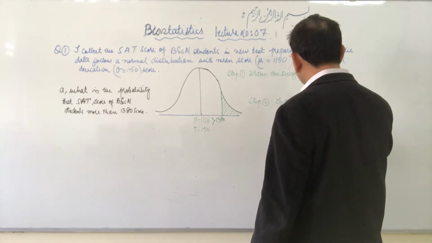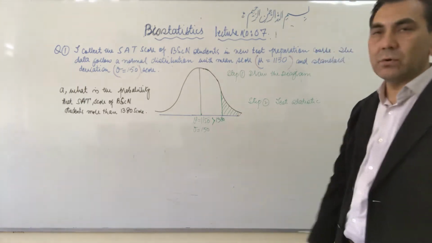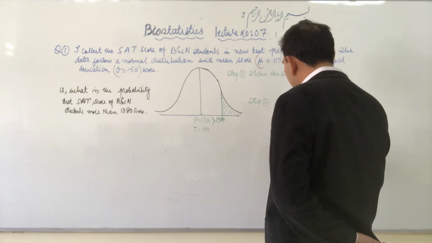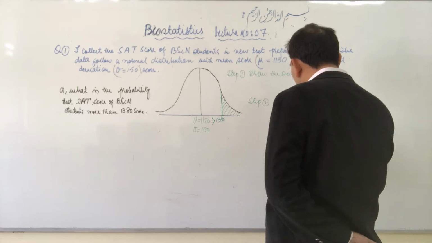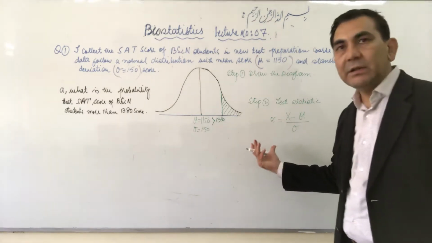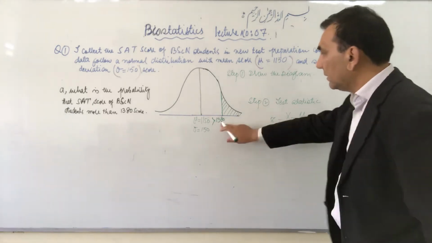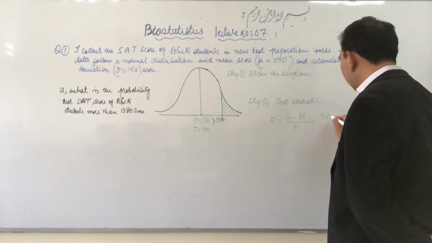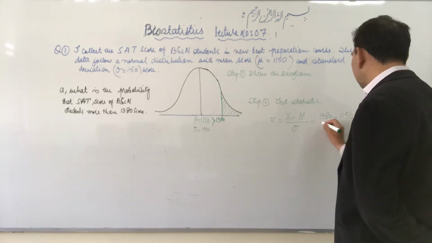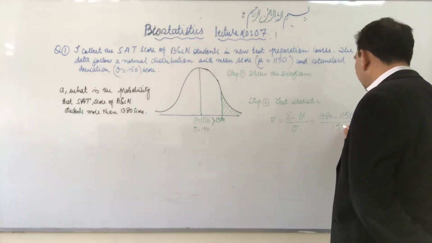In the test statistic, we measure the Z score for this score. The formula is Z equals X minus mu divided by sigma. This is the formula to calculate the Z calculated value. X is 1380 marks, mu is 1150 marks, and sigma is 150.